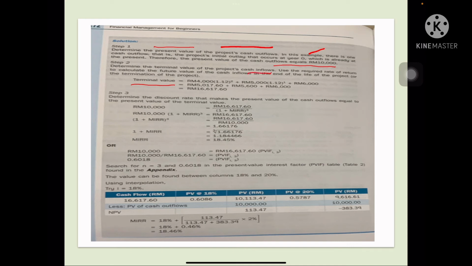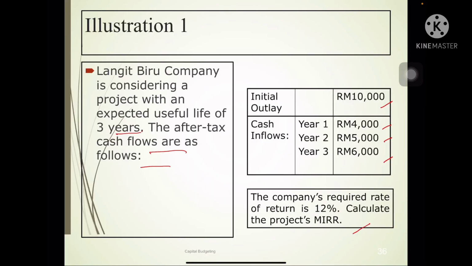For the first cash inflow, you can use 4,000 times 1.12 to the power of 2, or you can use the future value table for a single sum. Then 5,000 and 6,000. The 6,000 is for the current year, so it is not compounded. The year 1 cash flow is compounded for 2 years, and year 2 for 1 year.